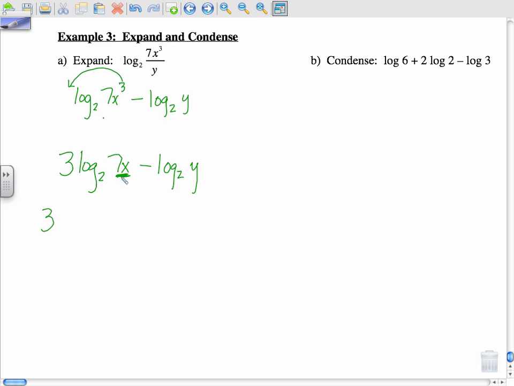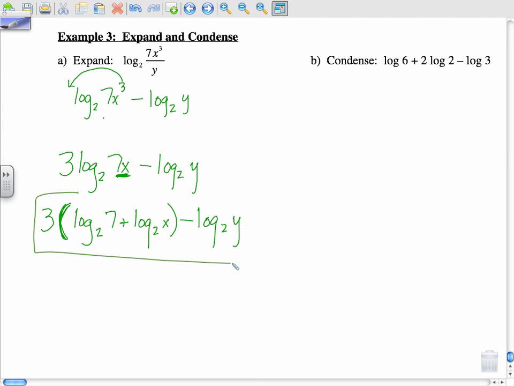Because this is multiplication, I can split the 7x up. Now remember, this 3 is times this whole thing, so when you expand it one more time, you have to put it in parentheses. So it ends up being 3 times (log base 2 of 7 plus log base 2 of x) minus log base 2 of y.